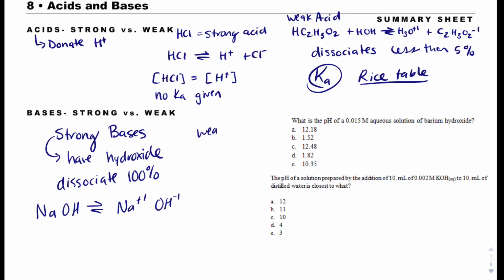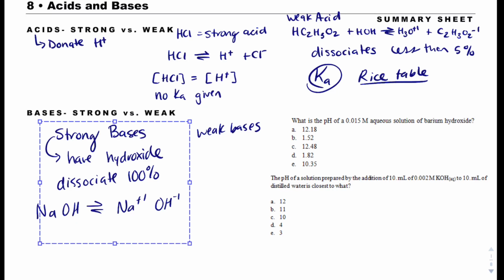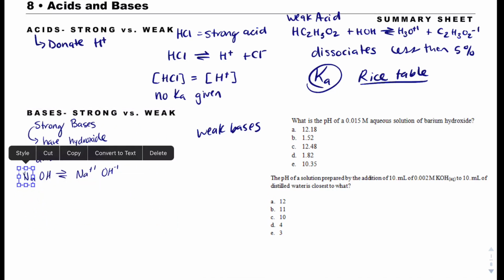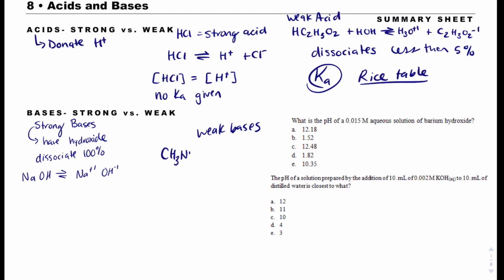And then your weak bases, we tend to see organic compounds here. And if you've taken organic chemistry, then some of these aren't so bad. But organic compounds that have this functional group called an amine, and so we see something like methylamine, which looks like this, and it will react with water, and it will produce hydroxide, so that's where we get hydroxide, and then it will produce the conjugate acid.